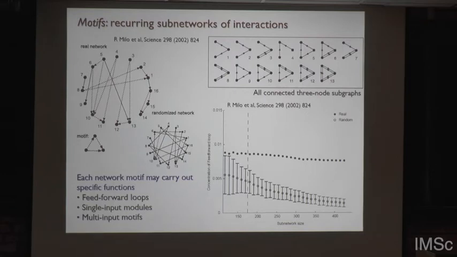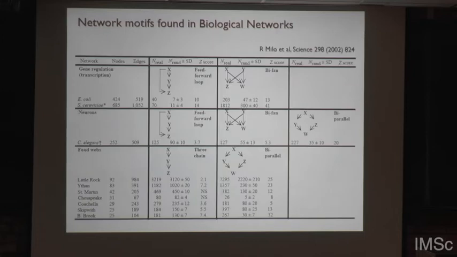Okay. And in this way, if I find that some of these motifs occur more frequently in the empirical network and less often in the randomized networks, I would say that they are statistically significant for that empirical network. So in this way, they identified 3 node motifs and certain 4 node motifs in several networks.